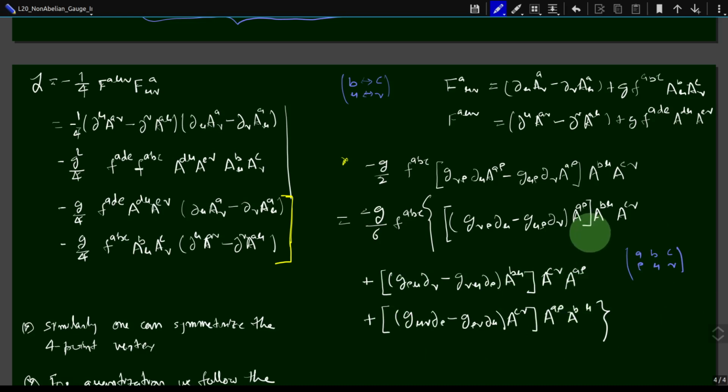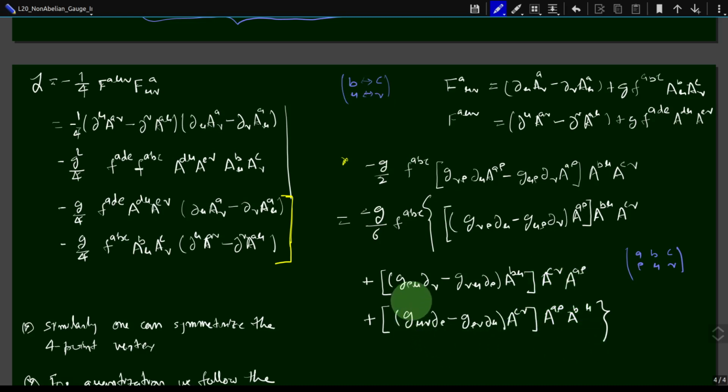Now if you ask what happens under b mu and c nu exchange, we already confirmed that this part is negative of itself, and then b and c from outside will also be antisymmetric. So overall it is symmetric. Now what happens here? If I exchange b mu with c nu, this goes into this and this remains as it is. So this piece will go into that piece. That's perfect.